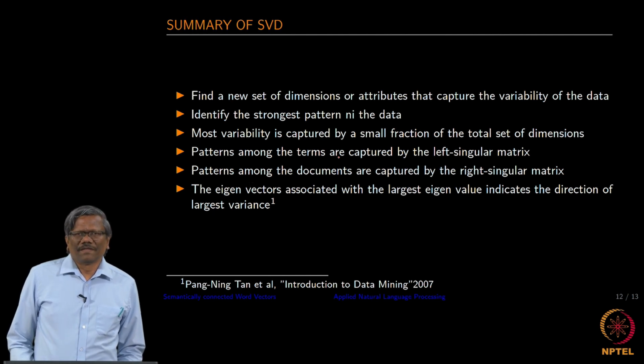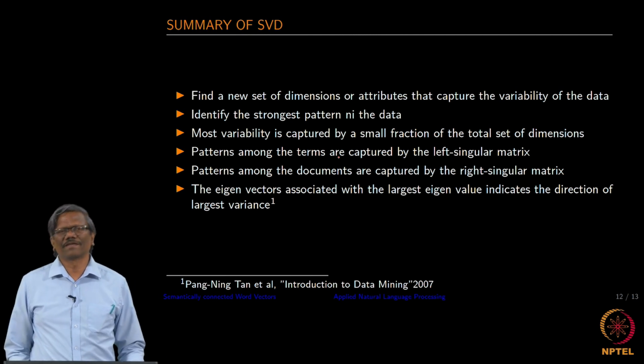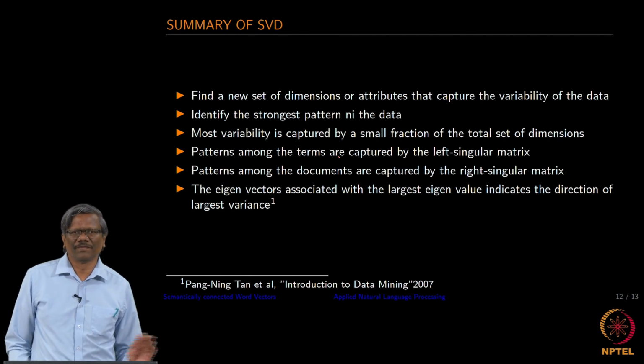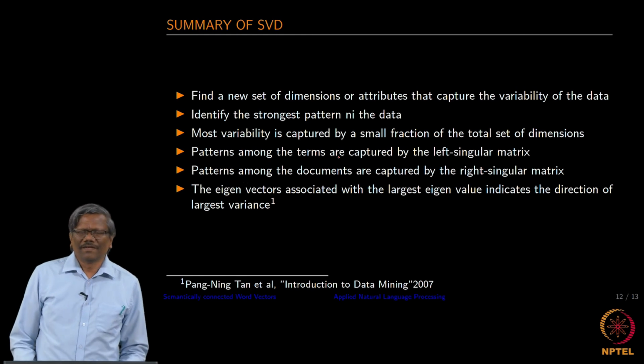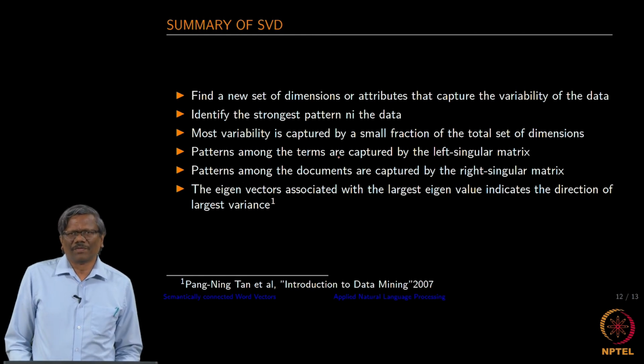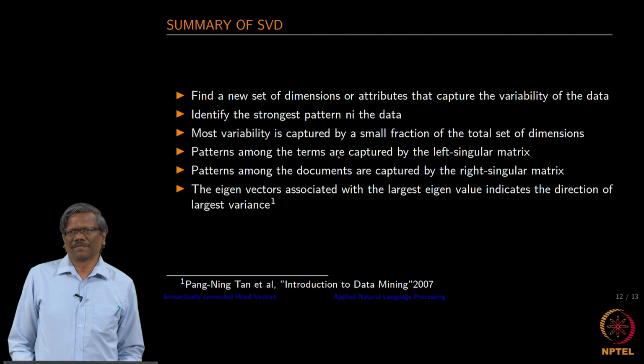So once we have done this, in the transform domain we have a left singular matrix, a right singular matrix and a singular value matrix, and we spoke about that earlier, right? And then when you reduce the singular matrix size to some k, from 2000 to 200, we still would be able to reconstruct the original matrix with some small error, right?